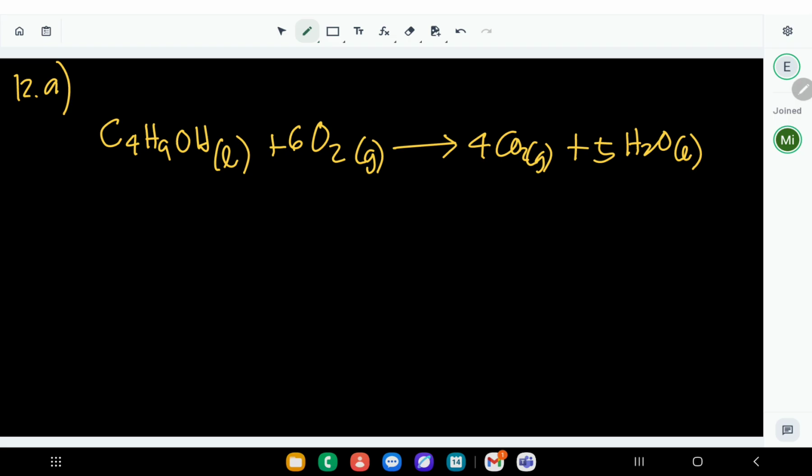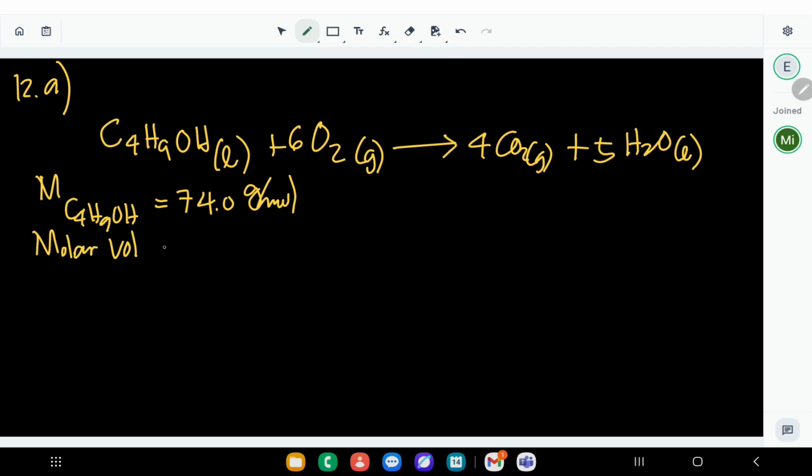The molar mass of butanol is 74.0 grams per mole, and the molar volume of gas at room temperature and pressure is 24 cubic decimeter per mole.